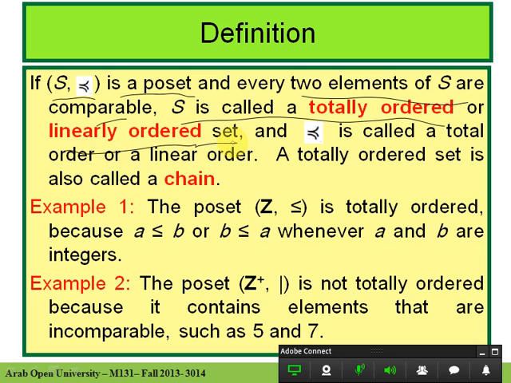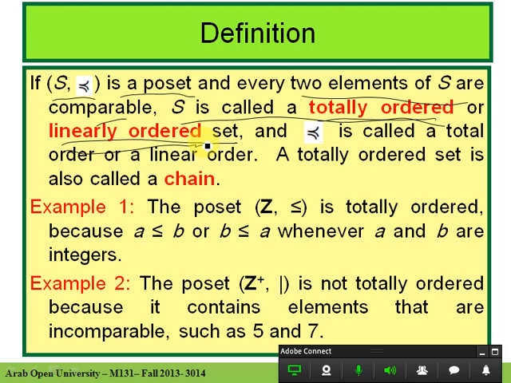For example, take any set, such as the set of integers, or the multiples of 3: 6, 9, 12, 15 and so on. If every two elements can be compared, then we say the whole set is a totally ordered or linearly ordered set.